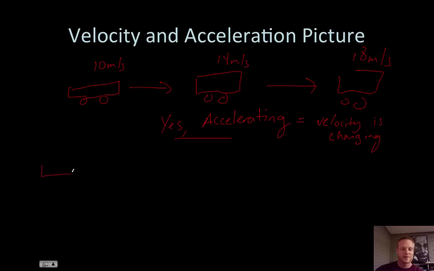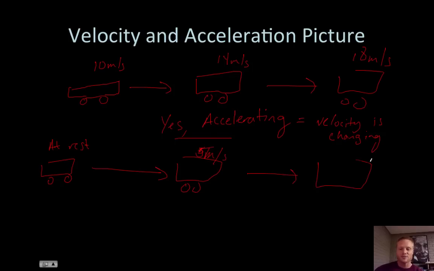Now let's say I have a car here that's at rest, and it starts to move, and at this point it's going 5 meters per second, and let's say at this ending point it's going 2 meters per second.